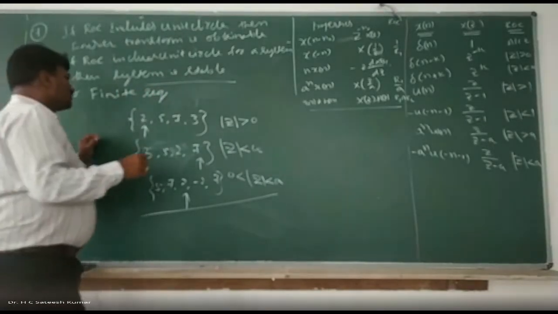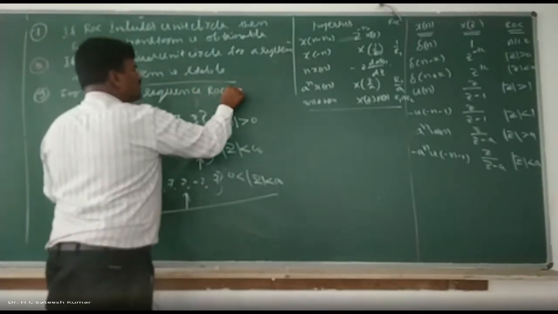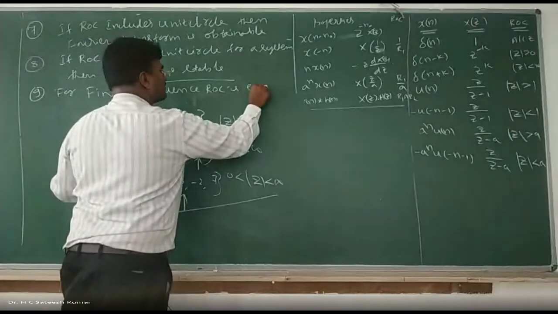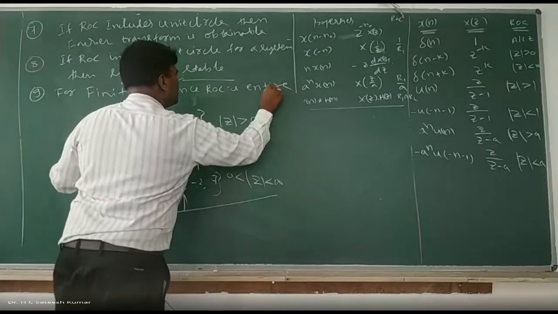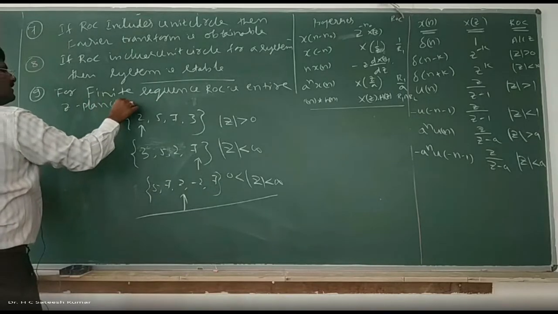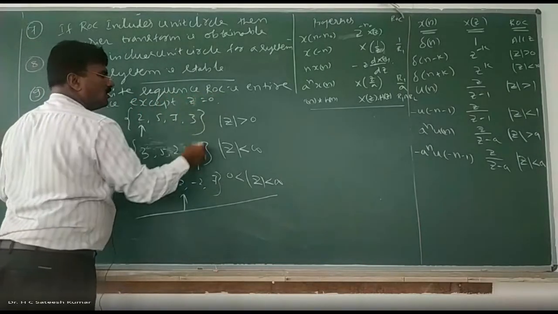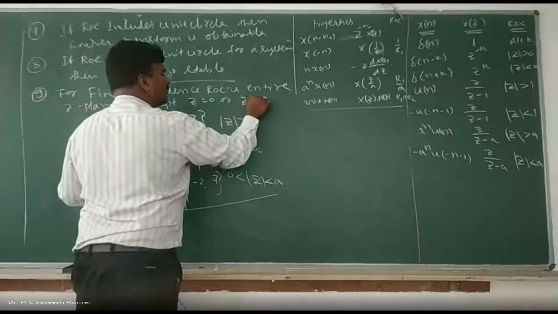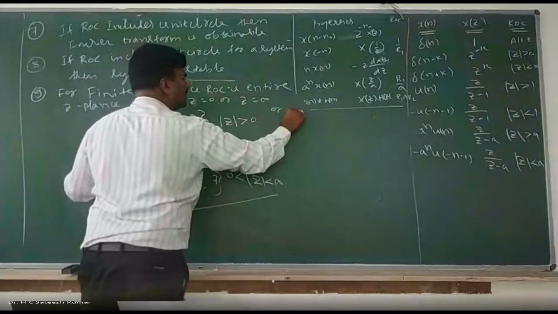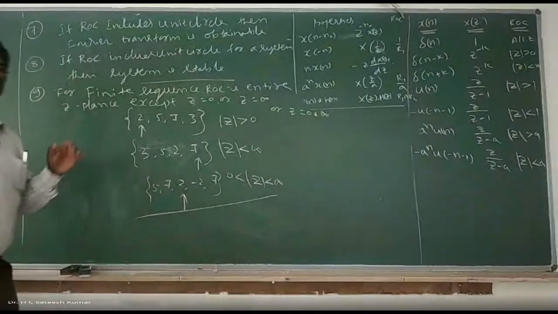You can check it out. For finite sequence, ROC is the entire z plane except z is equal to 0 or z is equal to infinity or z is equal to 0 and infinity. So for finite sequences, this is the ROC.